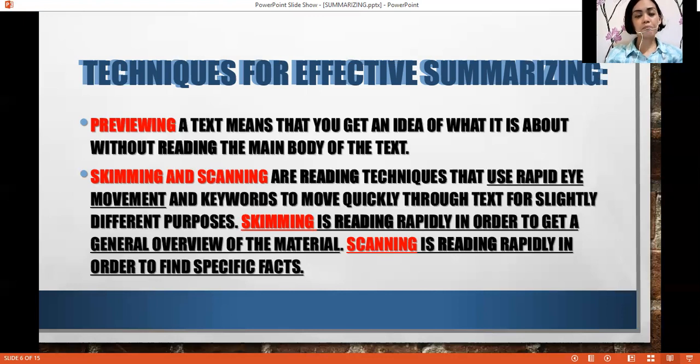While scanning, this is still using the rapid eye movement, but your purpose here is to look for specific facts or answer to a question. Example, you have a book, and the book is about history, and you would want to know who was the president for that year.